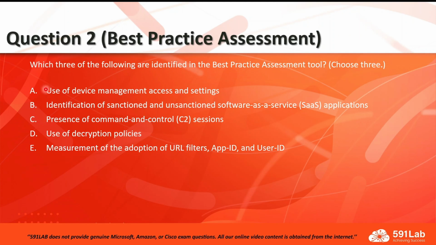The options are A. Use of device management access and settings, or B. Identification of sanctioned and unsanctioned software as a service or SaaS applications, or C. Presence of command and control or C2 sessions, or D. Use of decryption policies, or E. Measurement of the adoption of URL filters, File ID, and User ID.